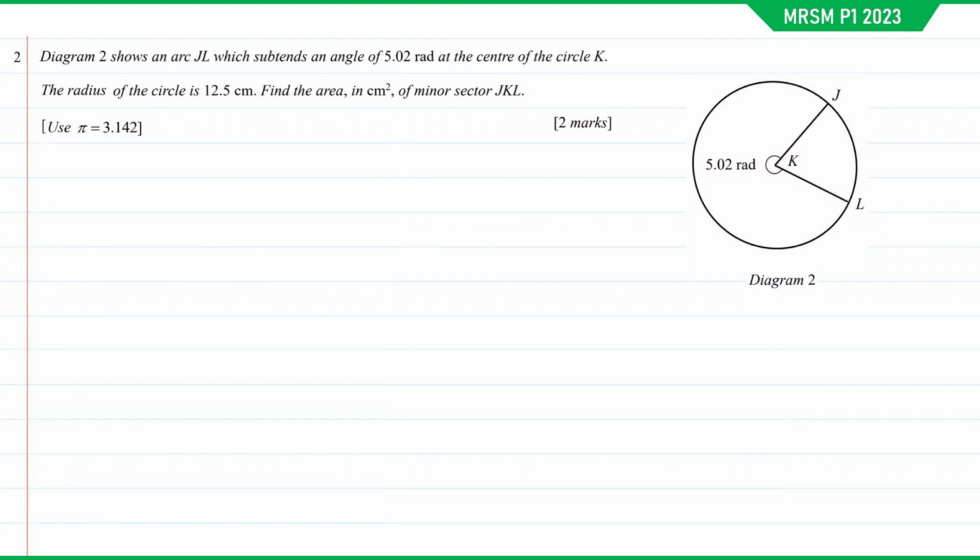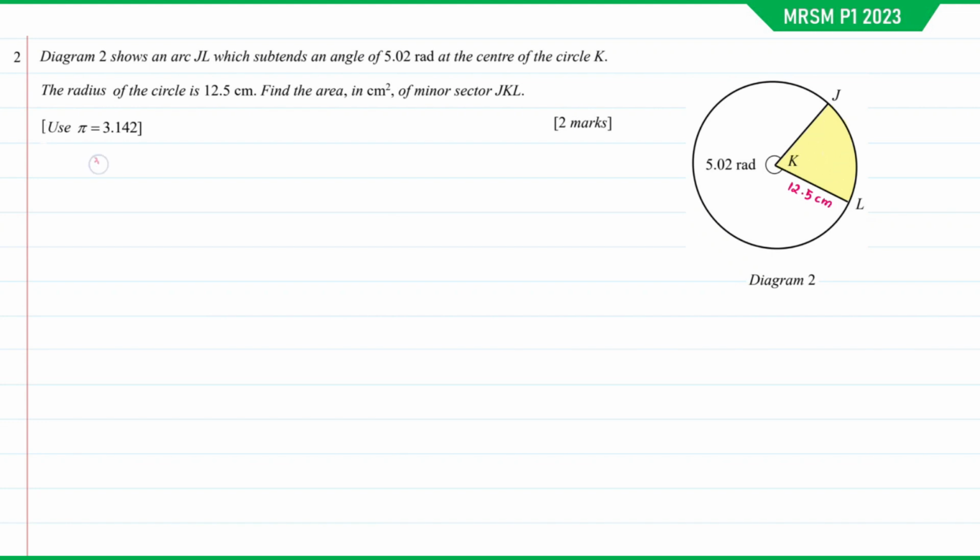Question number 2. Diagram 2 shows an arc JL which subtends an angle of 5.02 radian at the center of the circle K. The radius of the circle is 12.5 cm. Find the area in centimeter square of the minor sector JKL, which is the shaded region here.